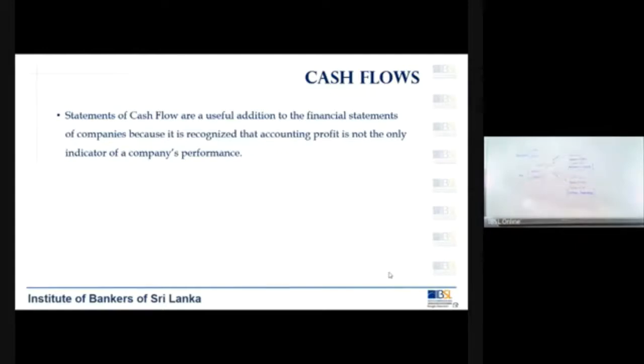But what is more important for a person who is interested in the company is to know how this company is managing its cash position. Because the moment a company is not having adequate cash, that's the end of the company.